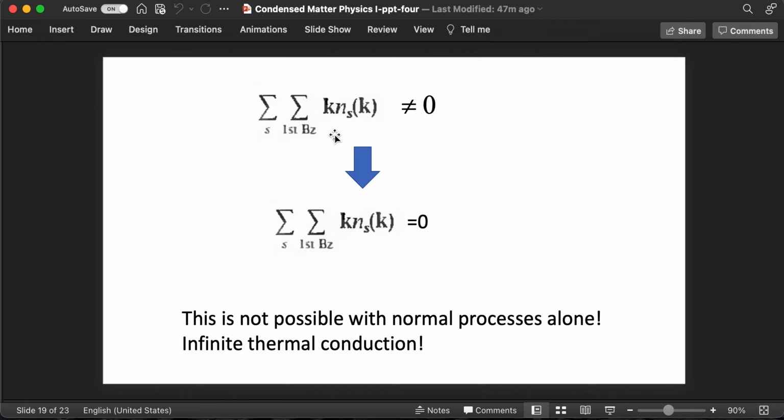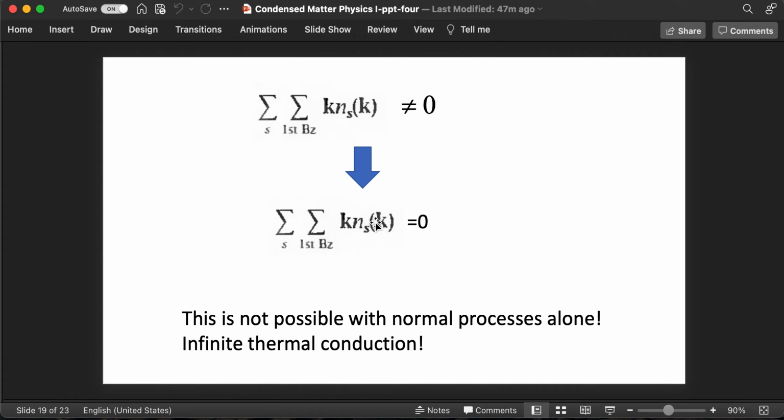Now the system should relax. It should gradually decay to this equilibrium state where it is 0. But the point is, if I only have normal processes where the momentum is conserved, there is absolutely no way for a system at some non-equilibrium state to decay back to its equilibrium state.